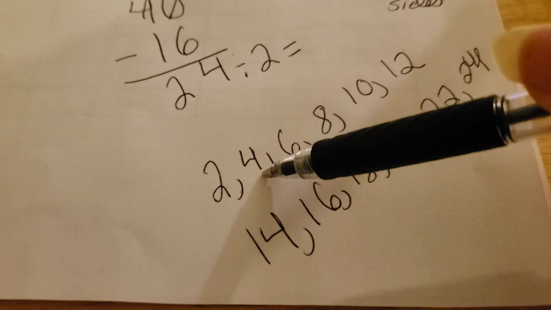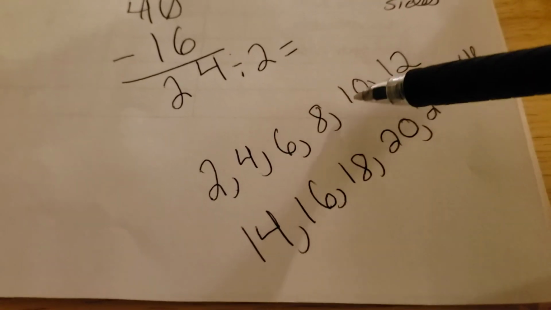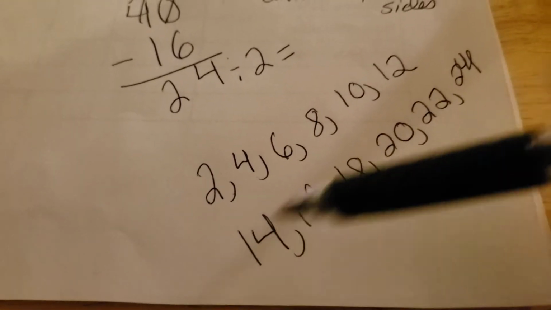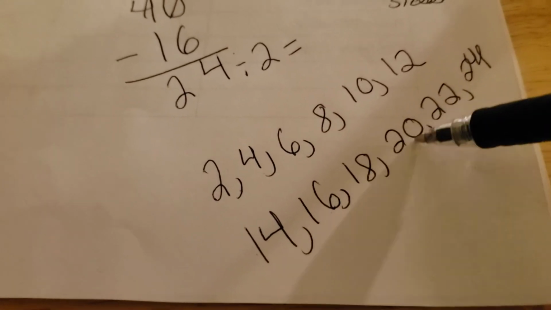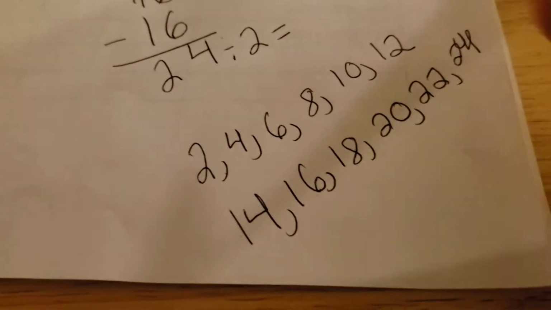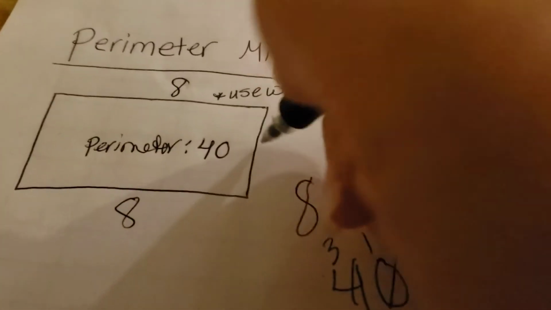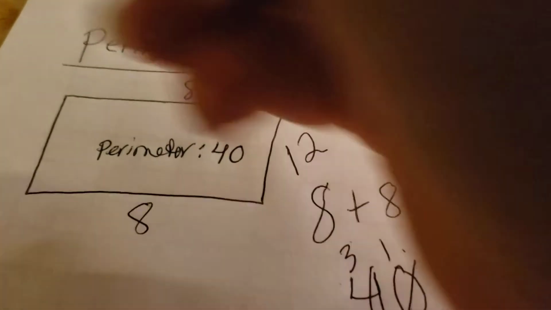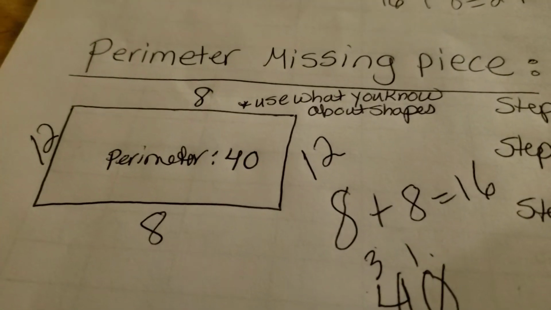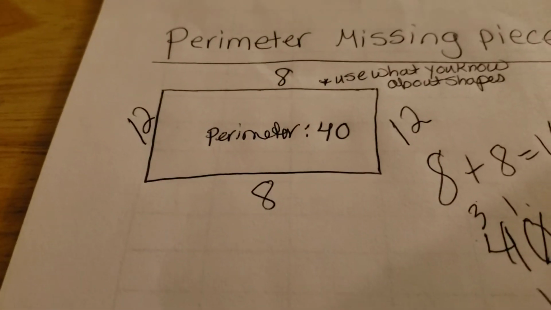So 1, 2, 3, 4, 5, 6, 7, 8, 9, 10, 11, 12. So each missing piece is 12. And just check and make sure that we've done it correctly.